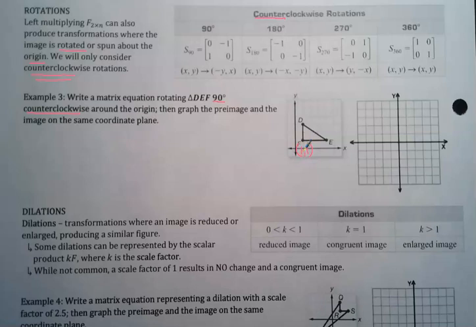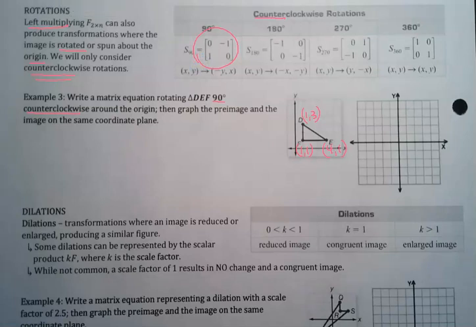E is 4, 1, and D is 1, 3. Again, we are left multiplying. We have a 90 degree counterclockwise rotation, so we're going to use this matrix.